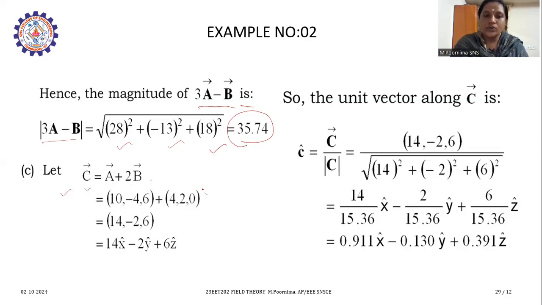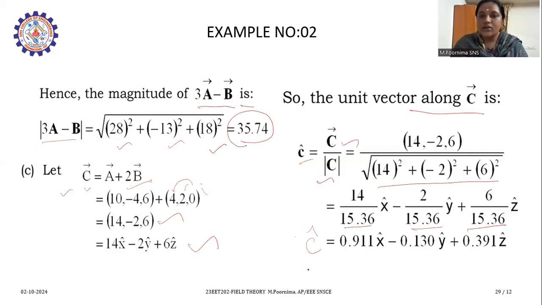We multiply the 2 with B, and finally we get this answer for C vector. Finally, we find the unit vector of C, which is C divided by the modulus of C, and we get this answer.